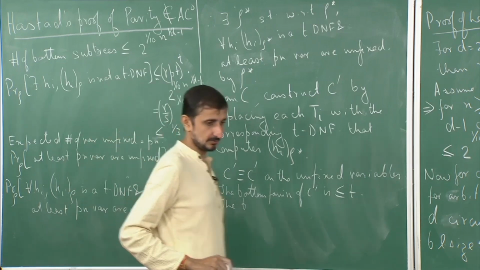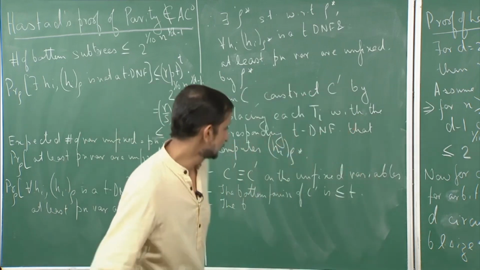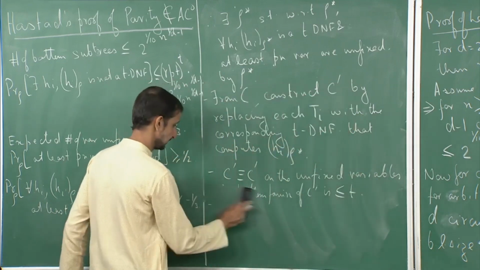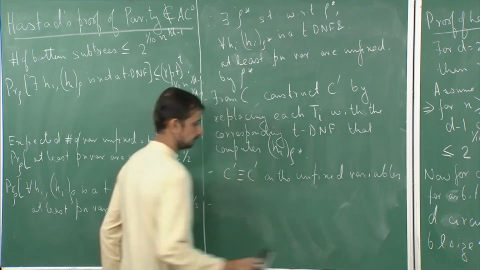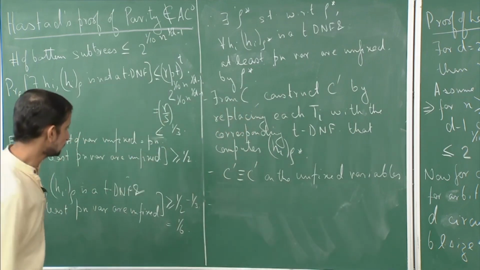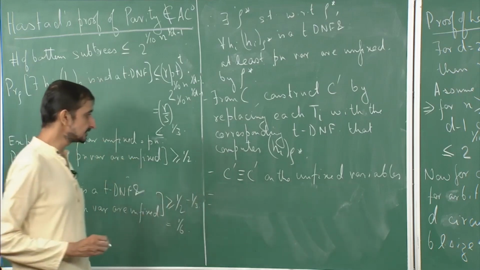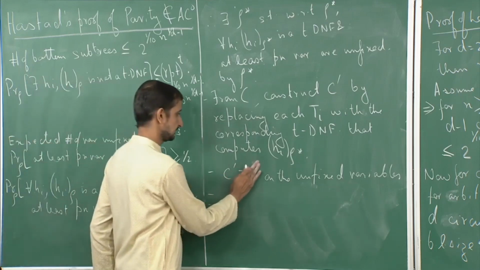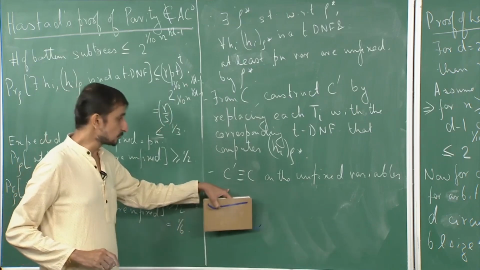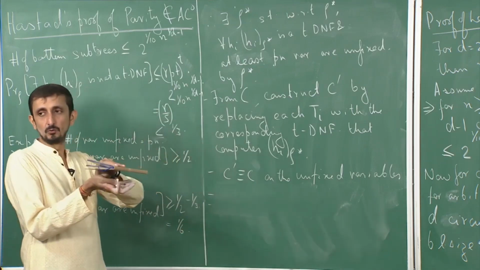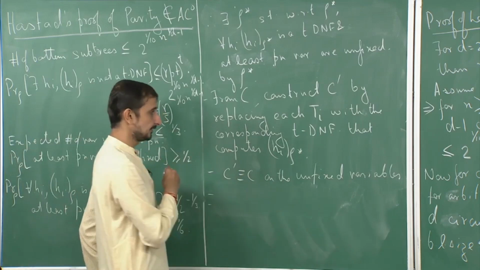What can I say about the size? Or wait one second. In fact, we should do one more step before I argue about this. Next what we do is that we merge the two layers. Okay. So, now I have a T DNF over here.